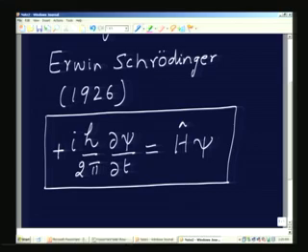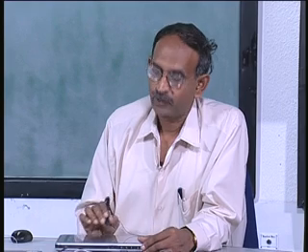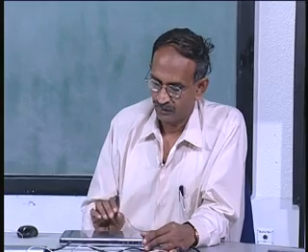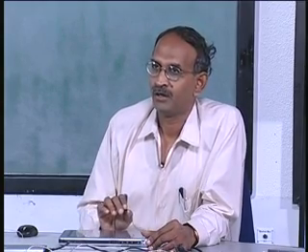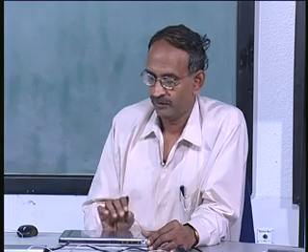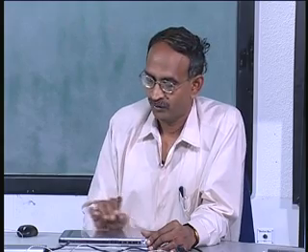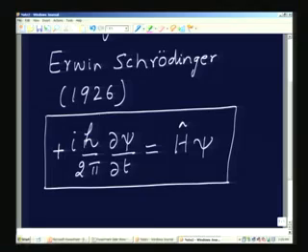This is the most important equation of microscopic science and the one which governs the properties of matter. Everything that we know seems to have followed from the application of this.